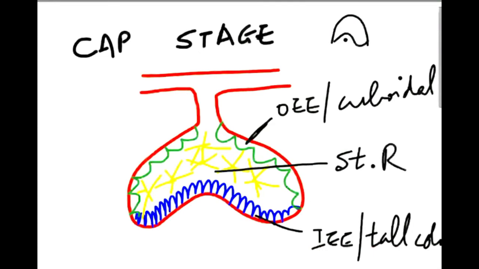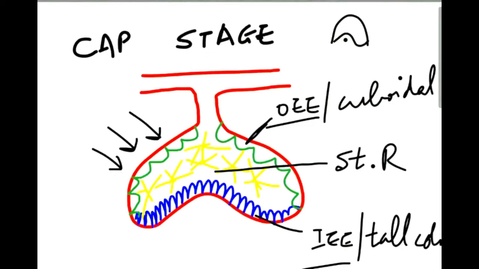These are polygonal cells present between the outer enamel epithelium and inner enamel epithelium. But what happens is that in the cap stage, water is pushed in due to osmotic pressure, due to which these polygonal cells shrink and become star-shaped.